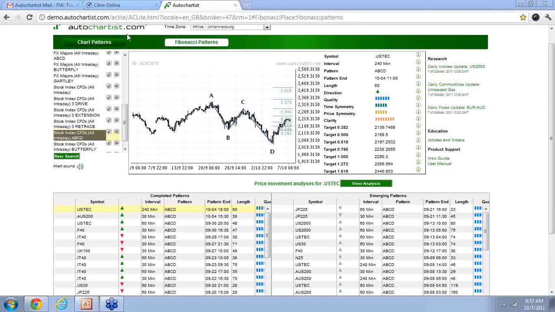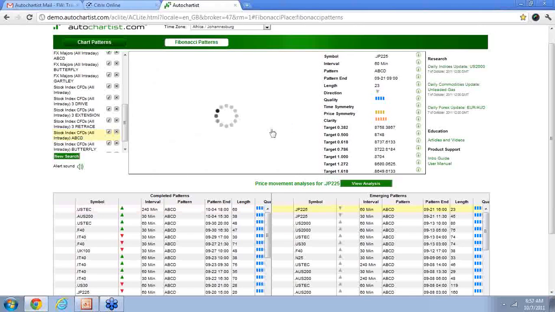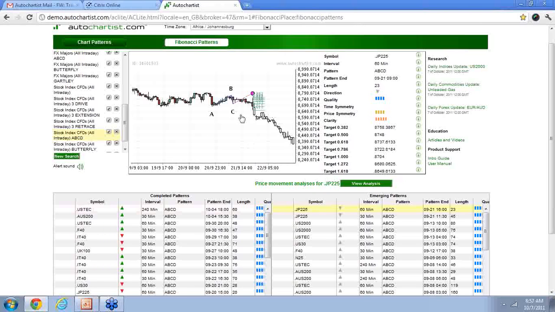Let's see, what do you think is riskier, to enter on an emerging pattern before the last major move or after the pattern has completed? Well, as far as riskier, I would assume that an emerging pattern is most likely a little bit riskier, because you're not too sure if this pattern is actually going to finish.